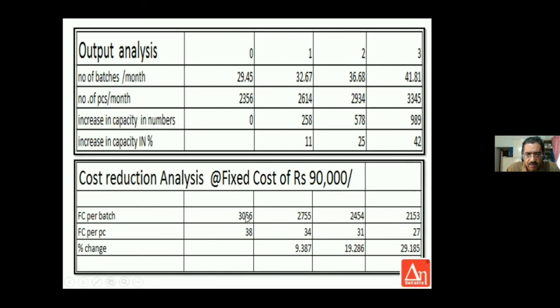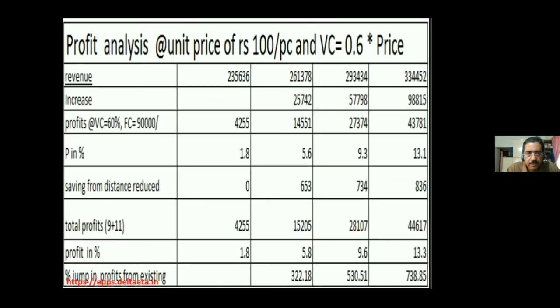In the first case, it was 3,056 rupees per batch, the fixed cost, which got reduced to 2,153 per batch, or fixed cost per piece reduced from 38 to 27. Now, what is the profit of this unit when we make the changes?